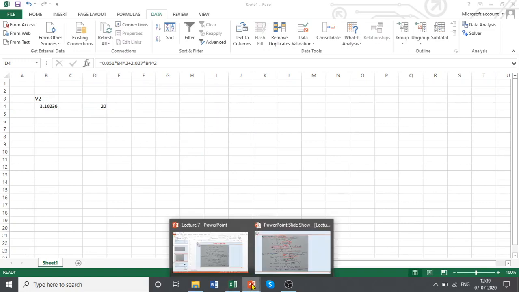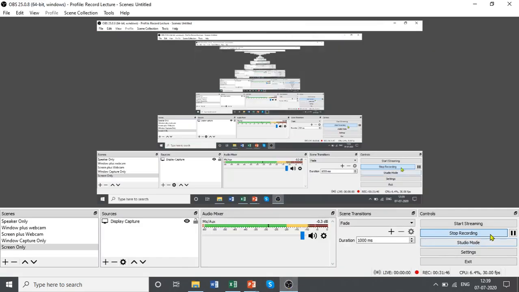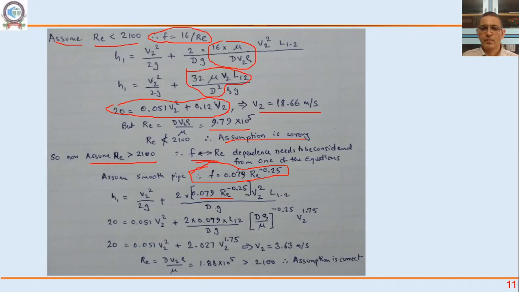So we can use that. If you do this, you will find that I might have made a small error in the formula, but this velocity is now 3.63 meters per second. Okay. Now let's check whether the Reynolds number is right. Reynolds number, D V rho by mu, is 1.88 into 10 raised to 5.